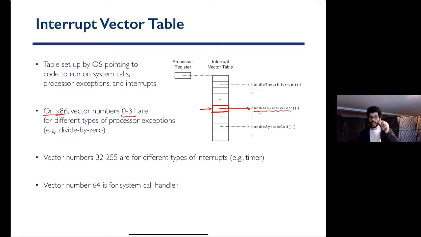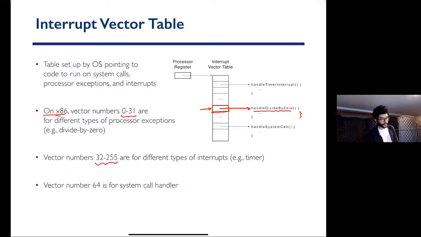That's how you can handle divide by 0. In x86, for example, there are entries for different interrupts, like the timer interrupt gets its own, and so on and so forth. Each kind of interrupt that you might have in your system gets its own entry.